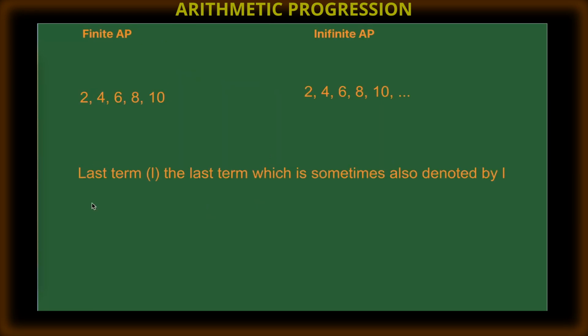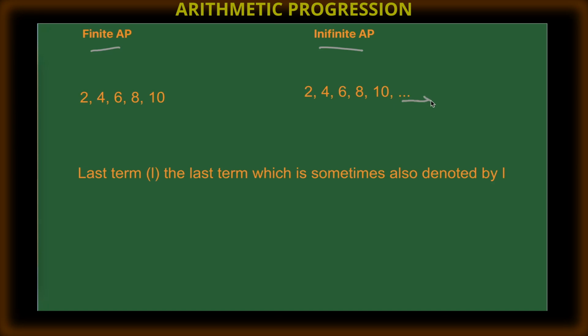Okay, students, we have seen an arithmetic progression. There are two things which we see: an arithmetic progression can be finite, and it can be infinite. What exactly does it mean? Finite means that you have a predefined sequence of numbers. Infinite is something which is not ending, it keeps growing.